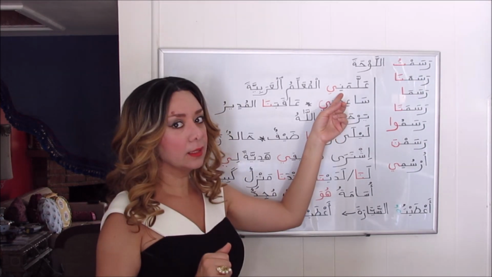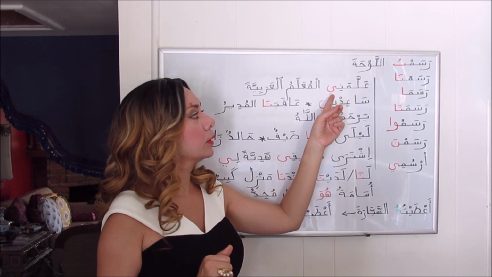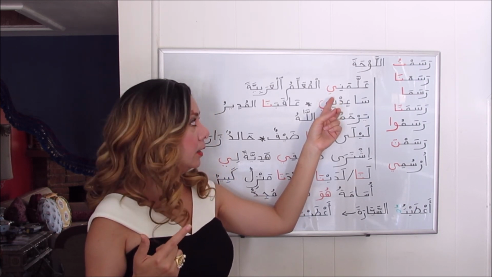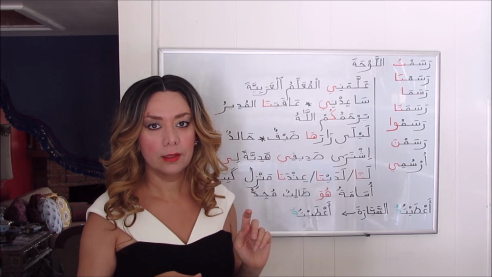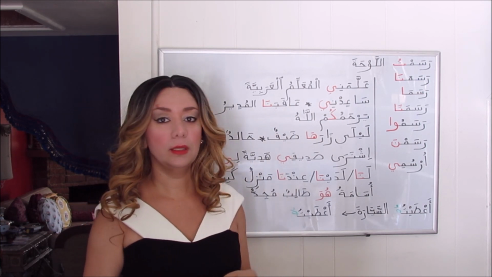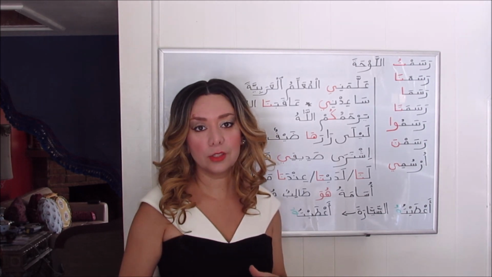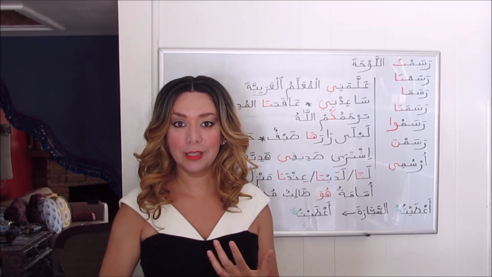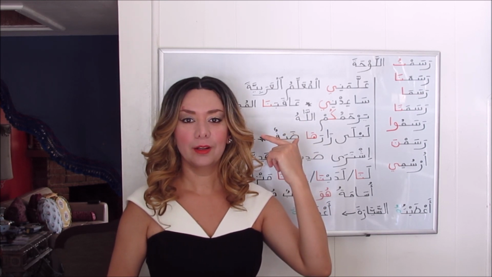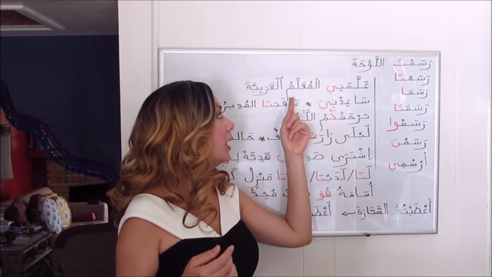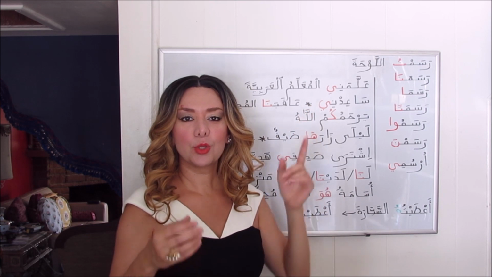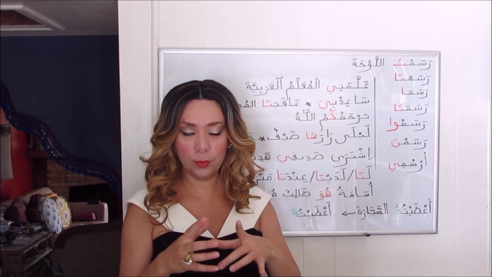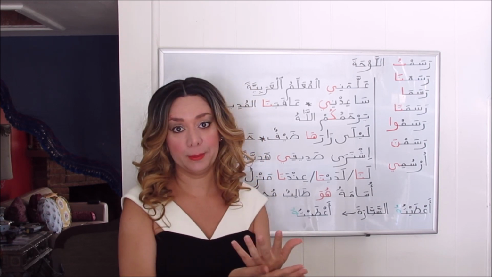So the kasra generally precedes the long vowel ya. علمني, he taught me. علم is conjugated in the perfect third person singular هو. Who is هو? المعلم. So the time we have an object pronoun attached to the verb, the subject is delayed.